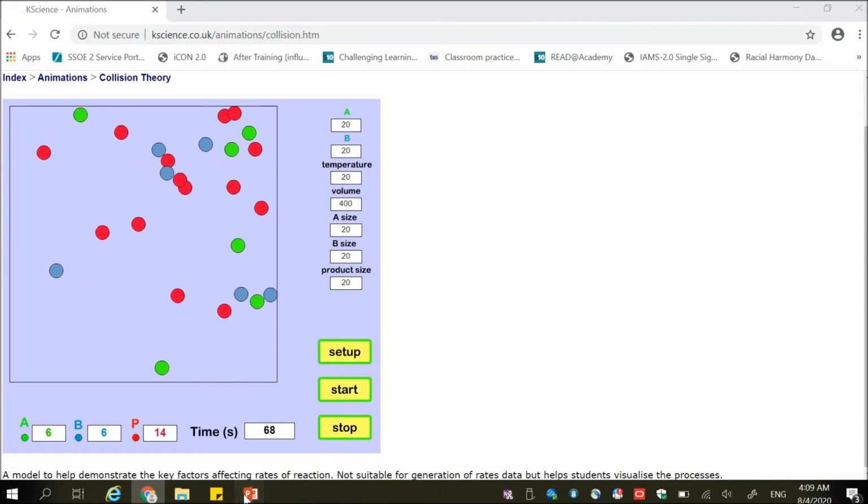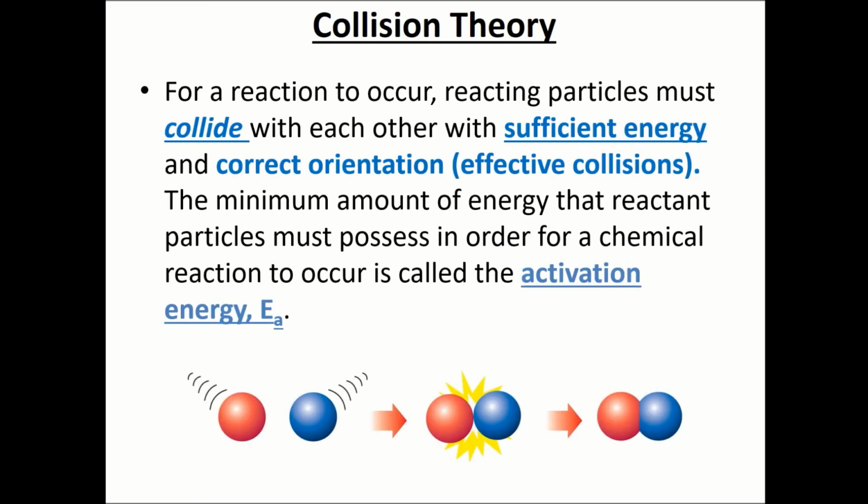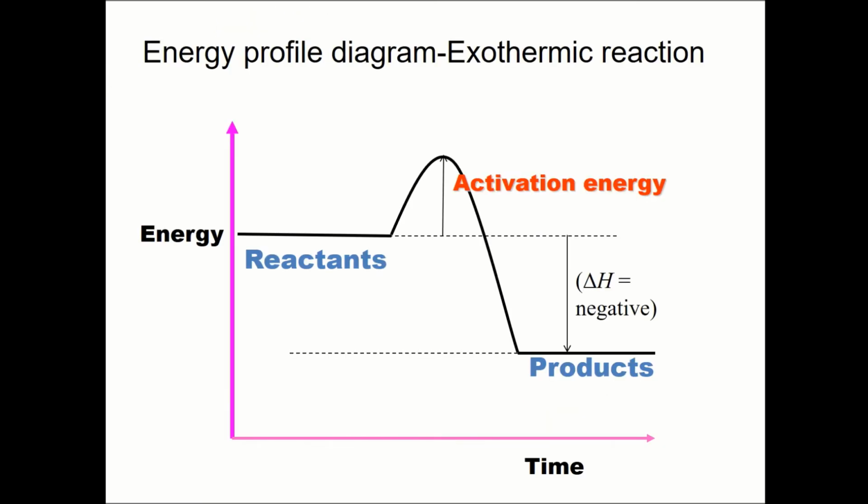Okay, so let's go back. Right, so that's your activation energy. So remember your energy profile diagram. So your reactants must overcome this activation energy before it can form your product. And this is an exothermic reaction because your reactant will lose energy or give off energy in order to form your product.